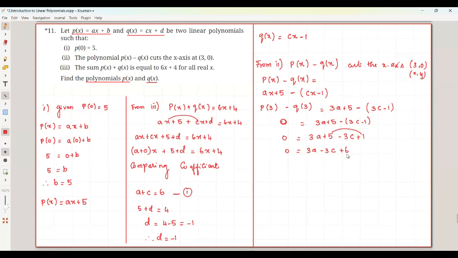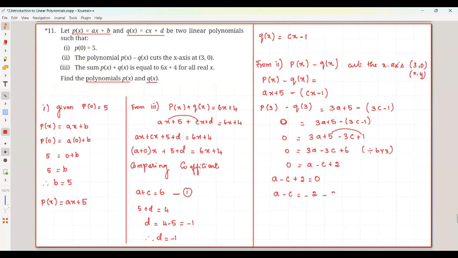Here everywhere 3 is common, correct? So just divide by 3. So this will become 0 is equal to a minus c plus 2. So we can write it as a minus c plus 2 is equal to 0. That means a minus c is equal to minus 2.